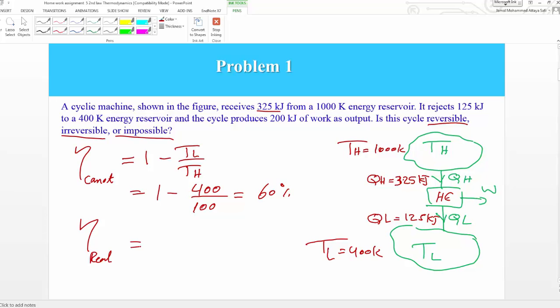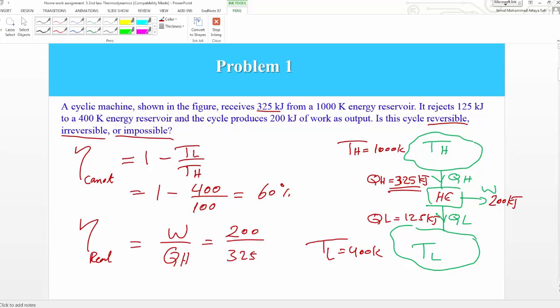And that's going to give you, again, it's work divided by QH, because this is the definition of efficiency. And the work here, did I write? I didn't write the work here. I can write it here. The work is 200 kilojoule. So it's 200 divided by 325, QH.